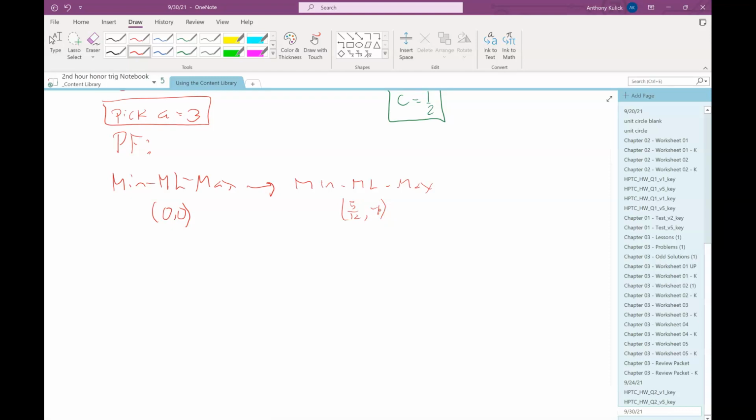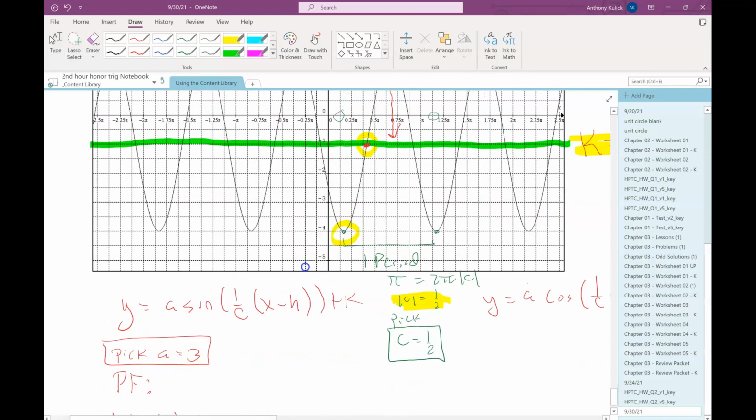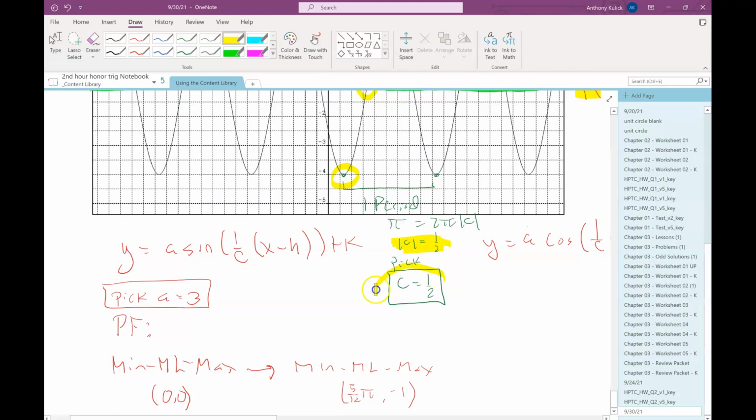Can you explain the top part of it, like what the purpose of those lines is? Yes. Totally fair question, because I've kind of stumbled through this. I know what I'm doing, I'm just having a hard time verbalizing it. Because I've chosen my c to be a half, positive, and my a to be positive, the landmarks, the features in my parent function have to be in the same order as the features in my transformed function.